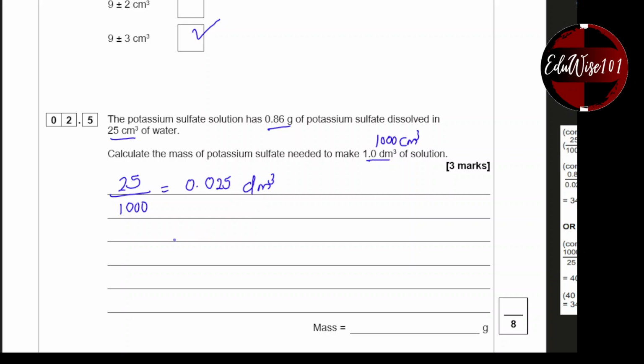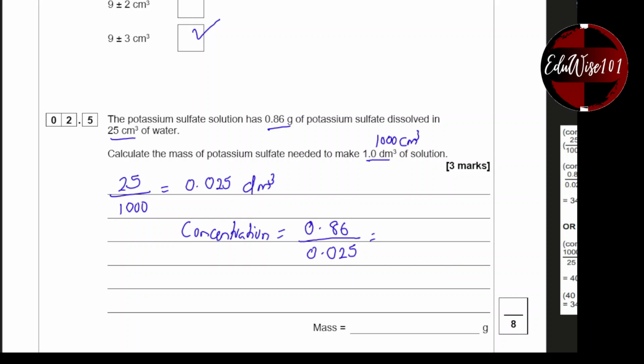So concentration equals 0.86 divided by 0.025. That will give me the concentration in grams per dm cube.